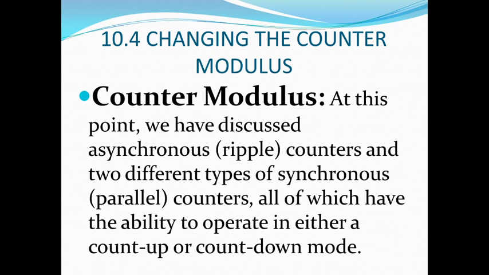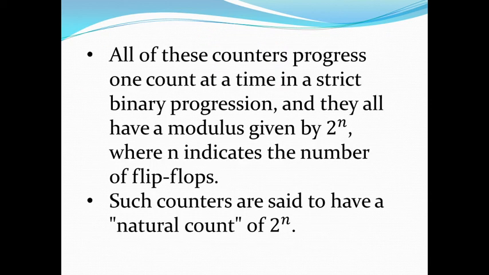Now, all of these counters progress one count at a time in a strict binary progression, and they all have a modulus given by 2 raised to n, where n indicates the number of flip-flops. That means the counters which you have studied are known as natural counters.